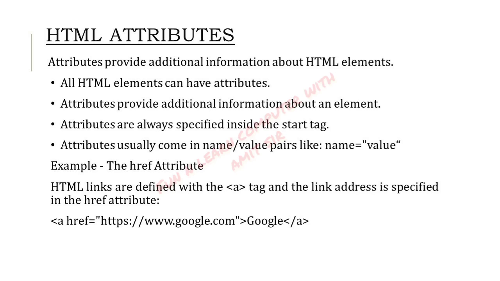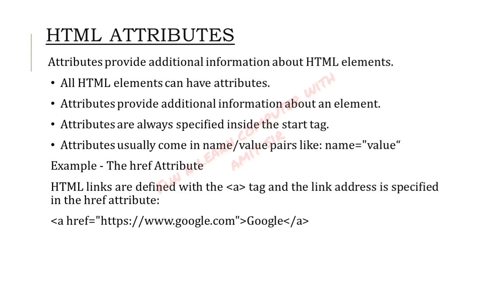For example, the href attribute. Href stands for hypertext reference. HTML links are defined with the a tag, that stands for anchor tag, and the link address is specified here in the href attribute.